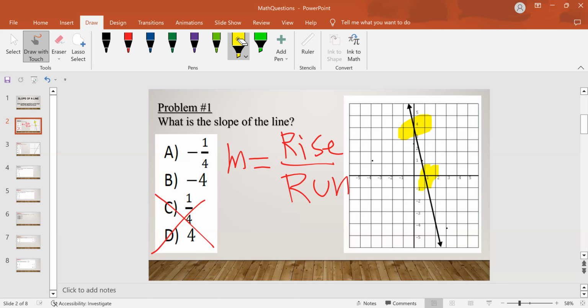Remember, in this XY coordinate, we have small squares. When you pick your point, make sure the point is on the corner of a small square. That's the reason I chose the points where I have the two yellow signs.